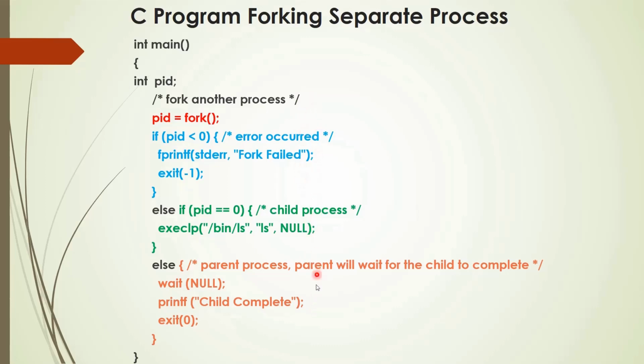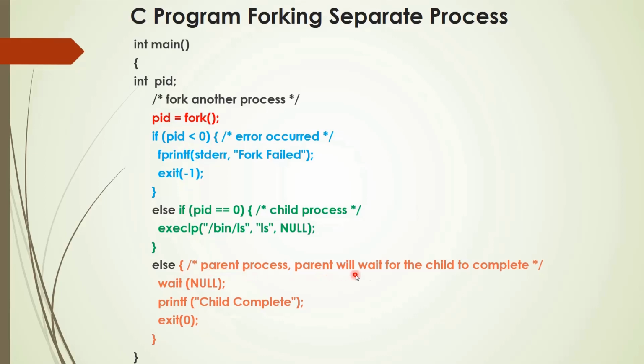The same code is copied for the parent also and the child also. The child executes this green section and the parent executes this orange section, because the PID value is different for the parent and the child: 0 for the child and a positive integer for the parent.